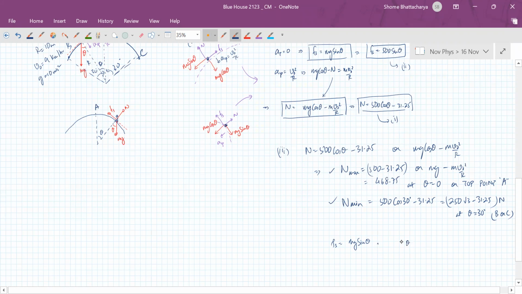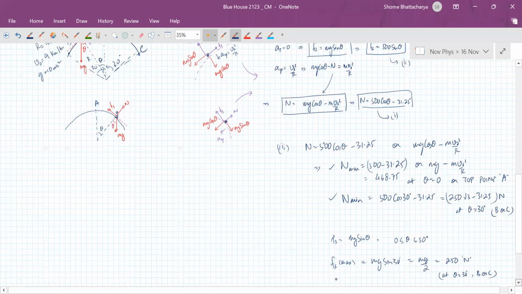Theta is only ranging between 0 and 30 degrees. So maximum friction will be mg sine 30, or mg by 2, or in this case 250 newtons. This will be at theta equal to 30 degrees, that is B or C, both these points.